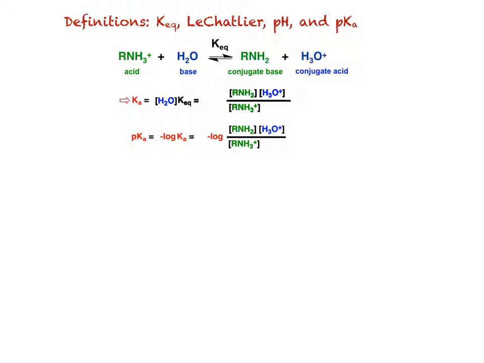And so keep in mind, as the KEQ gets larger, Ka is going to get correspondingly larger, and the negative log of Ka is going to get correspondingly smaller. It's going to become a smaller number. So in any case, we have the pKa is the negative log of the ratio of the concentration of the conjugate base to the acid times the H3O+ concentration.